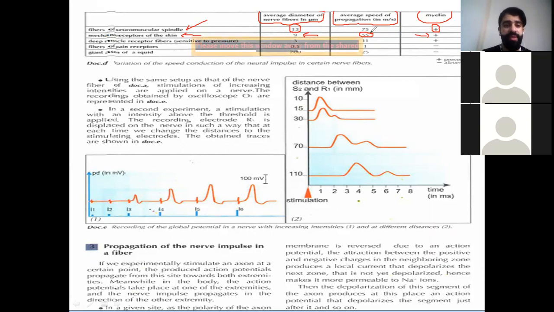Moving to the third one, the deep muscle receptors, which are sensitive to pressure. What is the diameter, do we have myelin or not, and what is the average speed? Let's move to Hassan. Deep muscle receptor fibers are sensitive to pressure. What is the value of the average diameter?